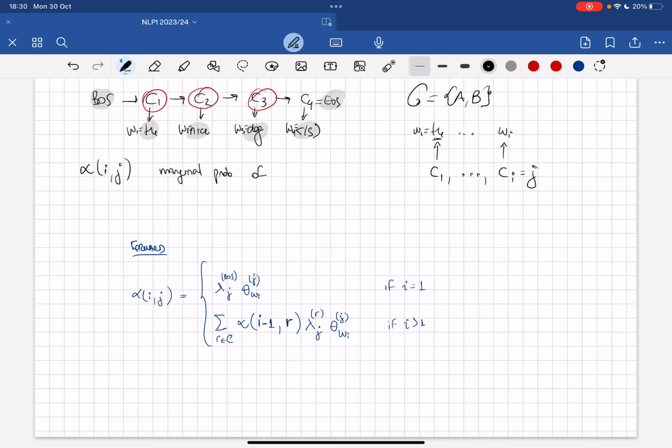So now I want alpha ij no longer to store the marginal probability, but instead to store the probability of the best tag sequence ending in ci equals j, where wi equals whatever the ith word is.